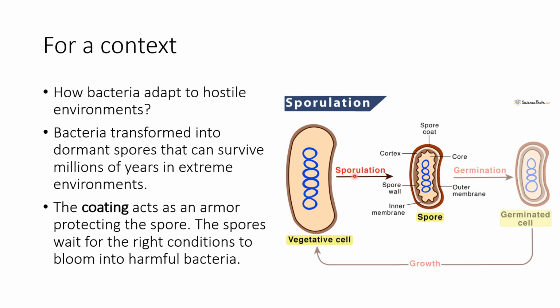It will undergo sporulation and form a spore. This particular spore will protect the bacteria from that hostile environment. The coating acts as an armor protecting the spore. The spores wait for the right conditions to bloom into harmful bacteria once the environment is conducive again.